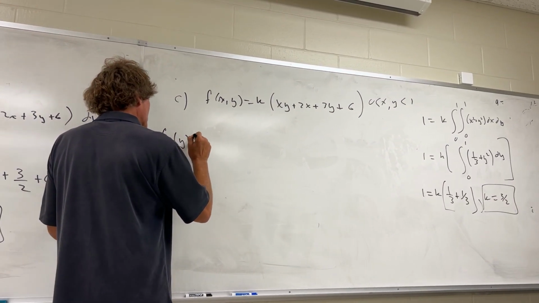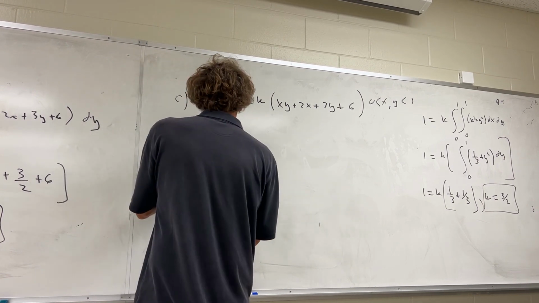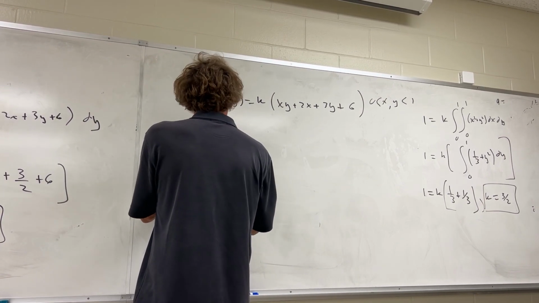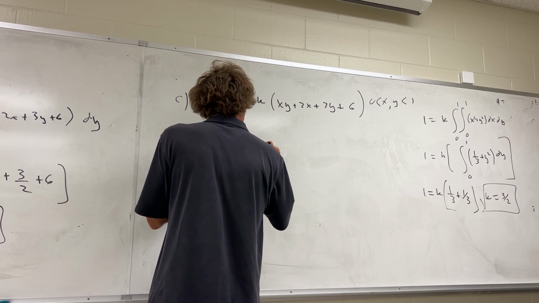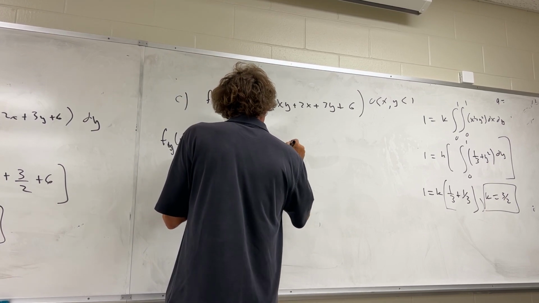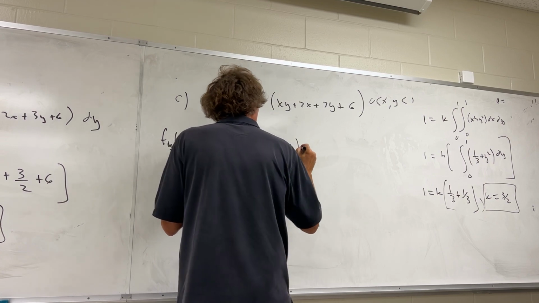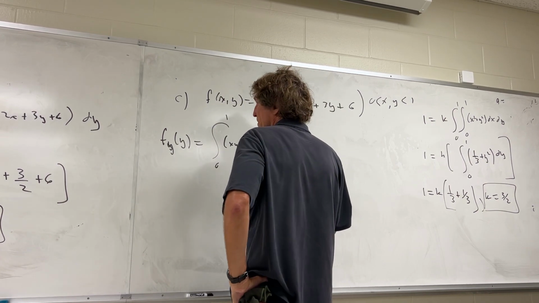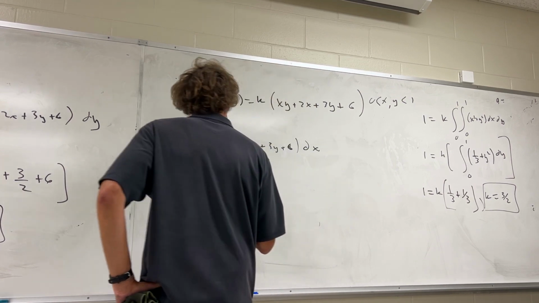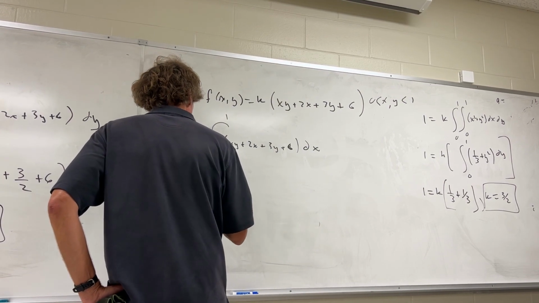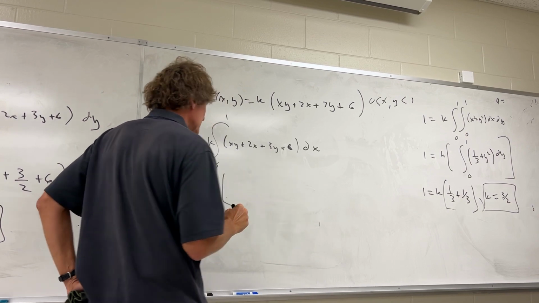Of y, same deal, right, from 0 to 1 of quantity xy plus 2x plus 3y plus 6 here. And this is going to be just dx integration. And it's got a k in front, so it's k times, might as well do them.